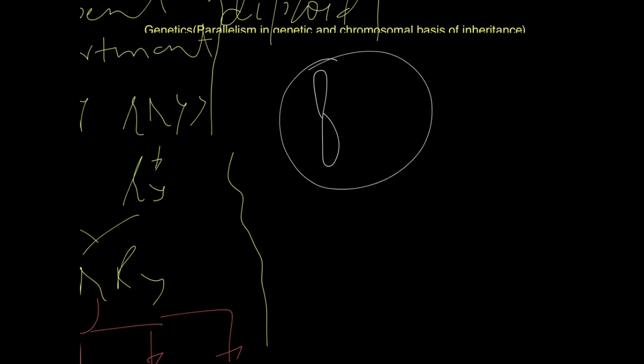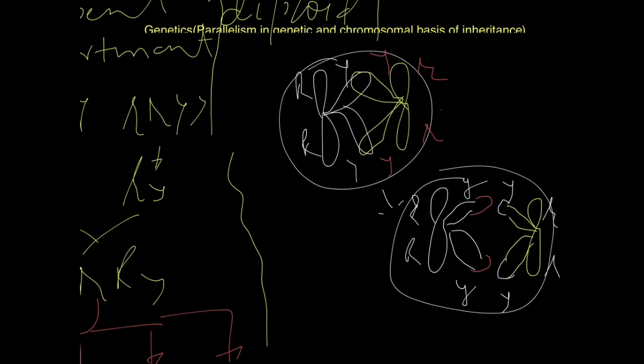What we see during this phase is something like this. During meiosis, after the chiasmata formation, we can see two different chromosomes with genes at the crossing over stage.